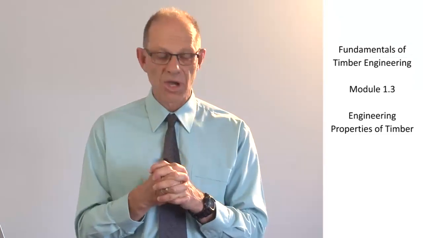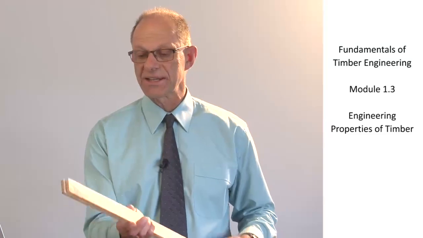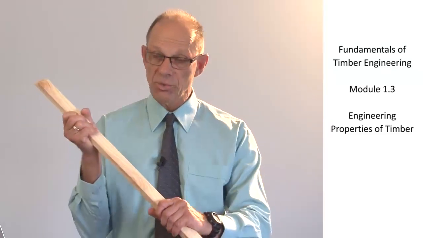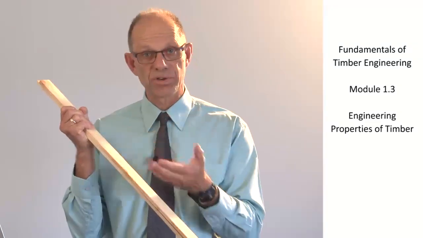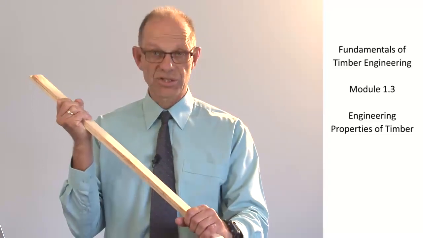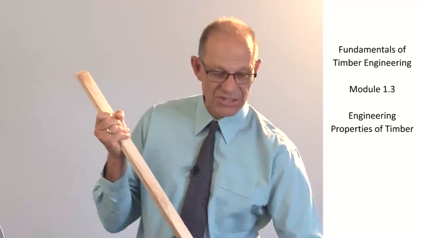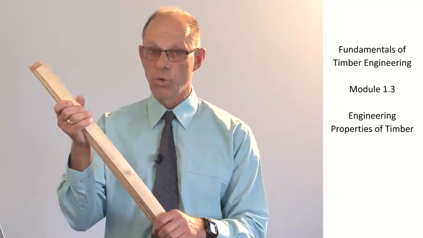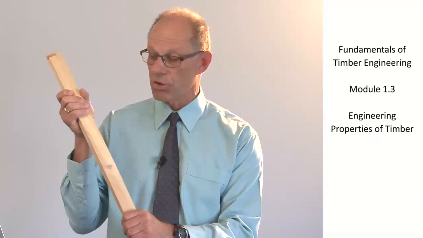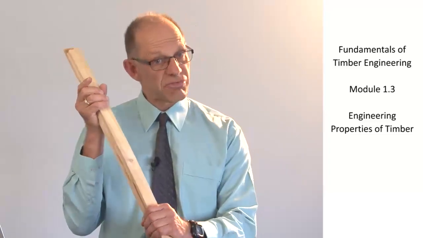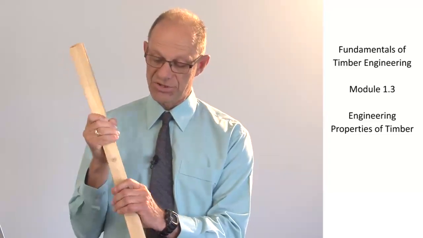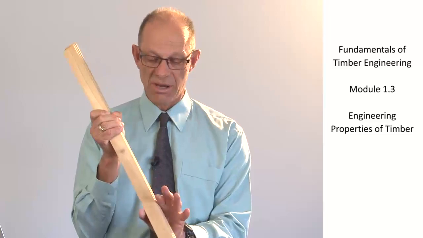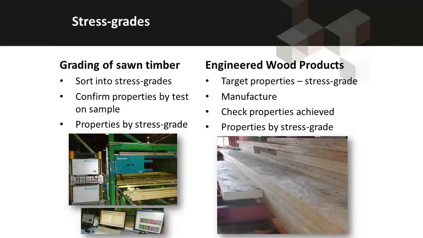On the other hand, we create some structural timber products by taking timber fibre and gluing it into engineered wood products. So using engineered wood products, we're using a large number of different pieces of timber or wood fibres in a piece of timber, all glued together, and a recipe can be used to create a product with appropriate structural properties.